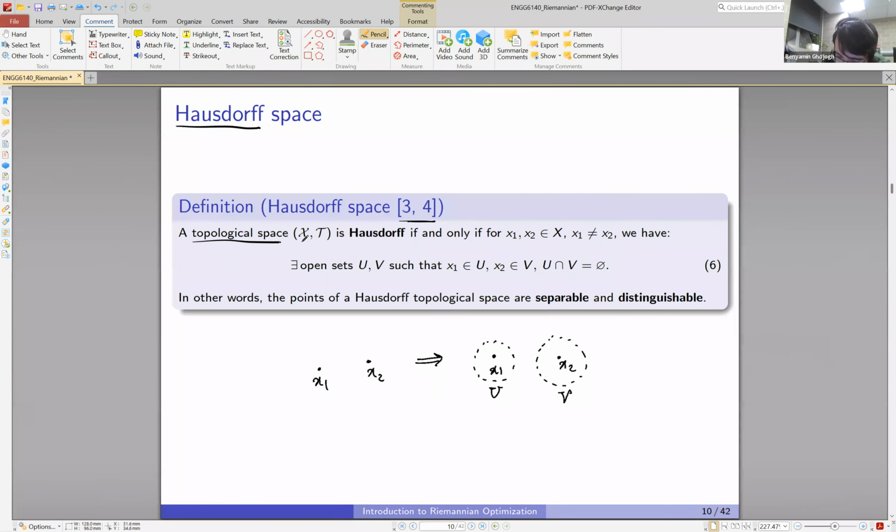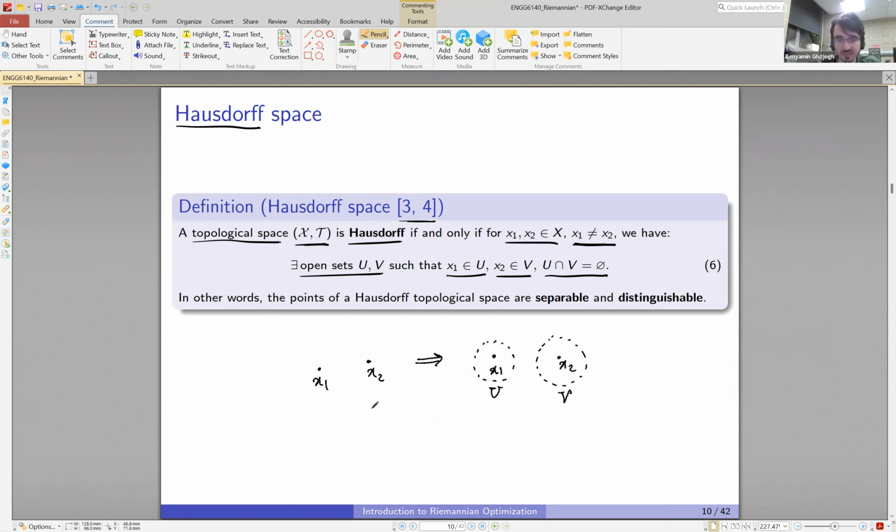A topological space, X and T, is Hausdorff if and only if, so it's two-sided, for two points x1 and x2 in X, where x1 and x2 don't equal each other, so they are two different points, there exist two open sets U and V such that x1 belongs to U, x2 belongs to V, and their intersection is empty.